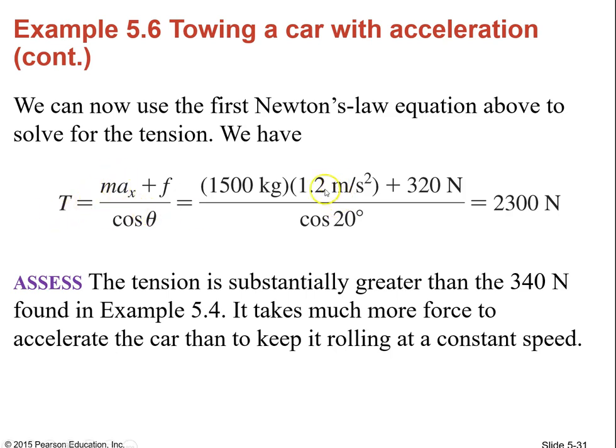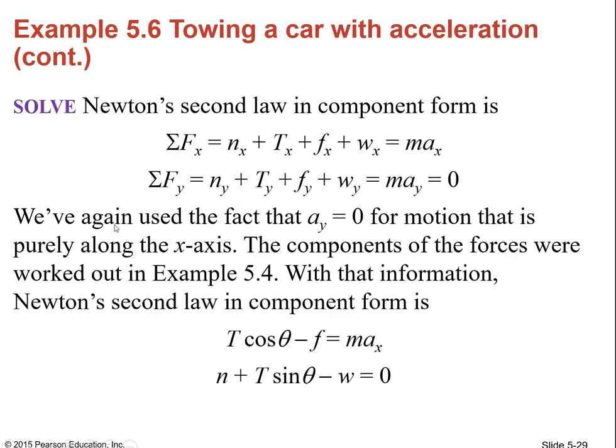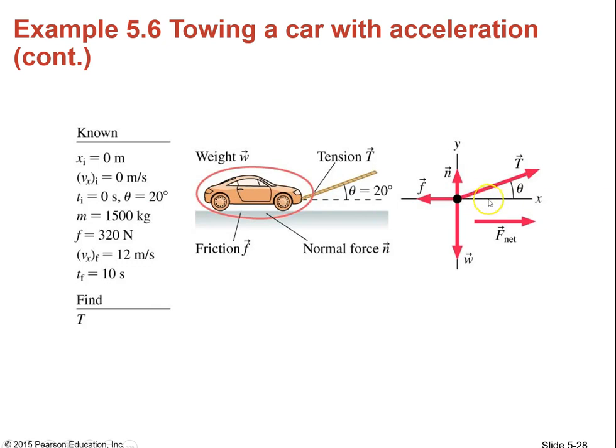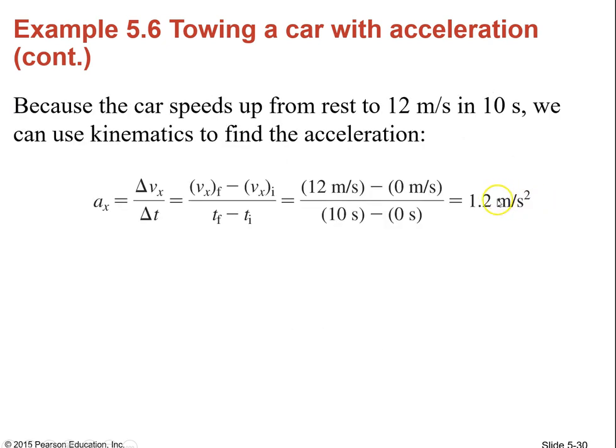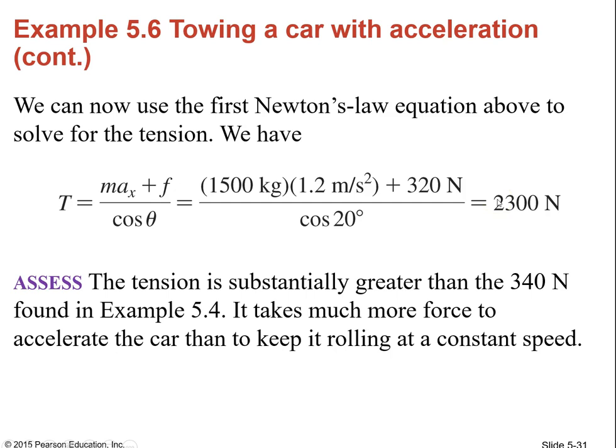Now that we know our acceleration, if we're going to figure out the x component, since we're looking at the cosine of theta, go back and look at the chart here. So cosine of theta is we're looking at this. All right, we know our acceleration.